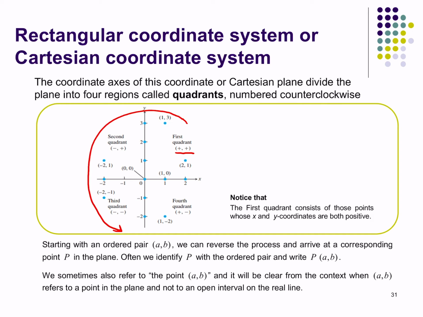The second quadrant is located along the negative x, positive y, whereas the third quadrant is located along the negative x and negative y. And the last one is the fourth quadrant, where the point x is toward the positive x and the y is going downward.